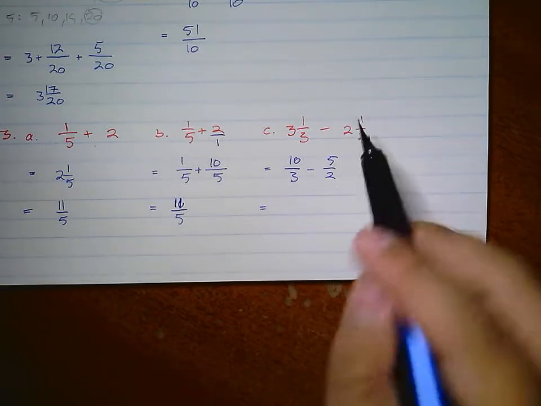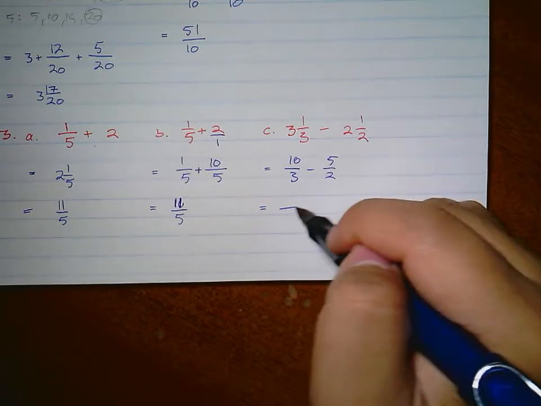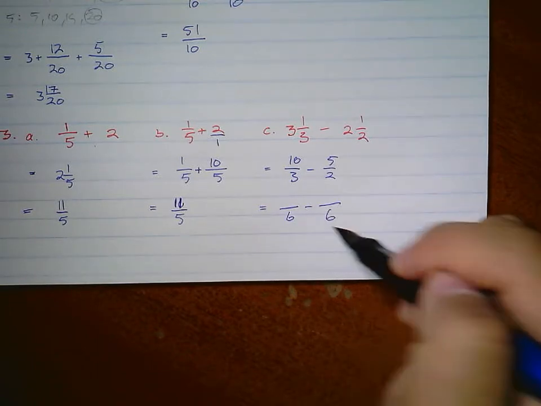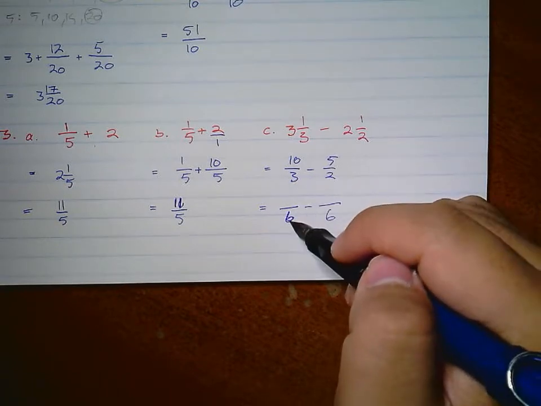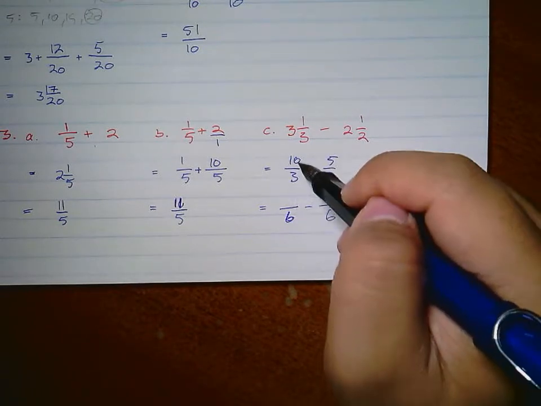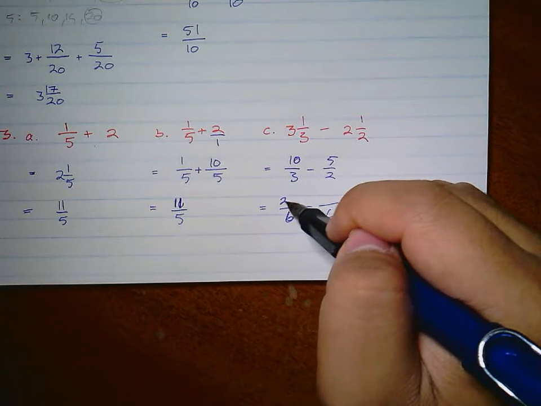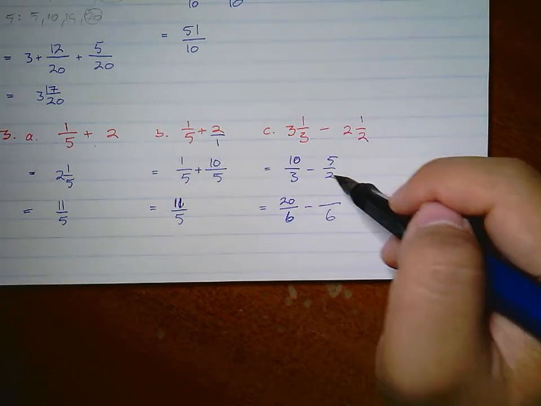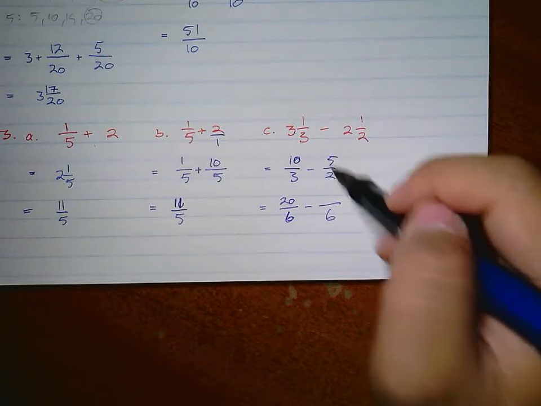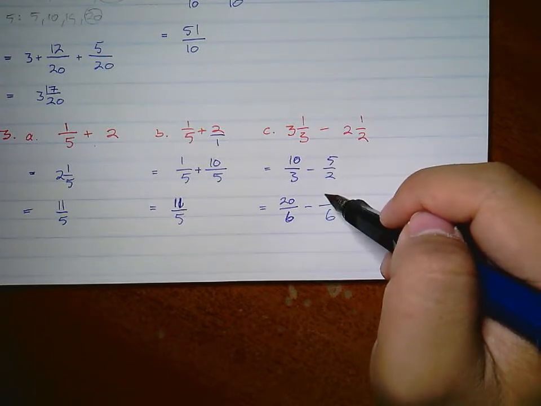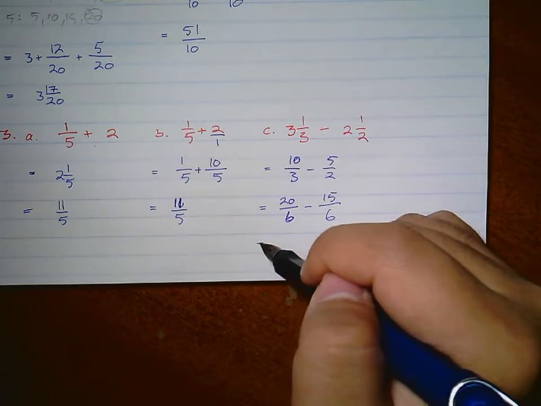Lowest common multiple between 3 and 2 is 6. 3 to become 6 is multiplied by 2. So we multiply this numerator by 2. 2 times 3 is 6. So we multiply this number by 3 as well. So we get 15.